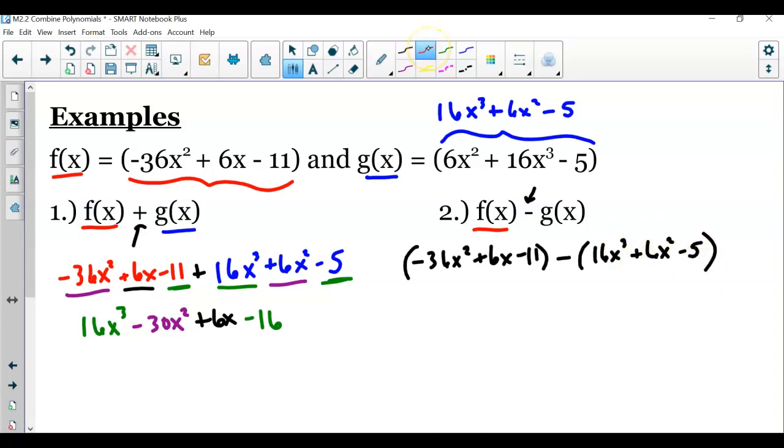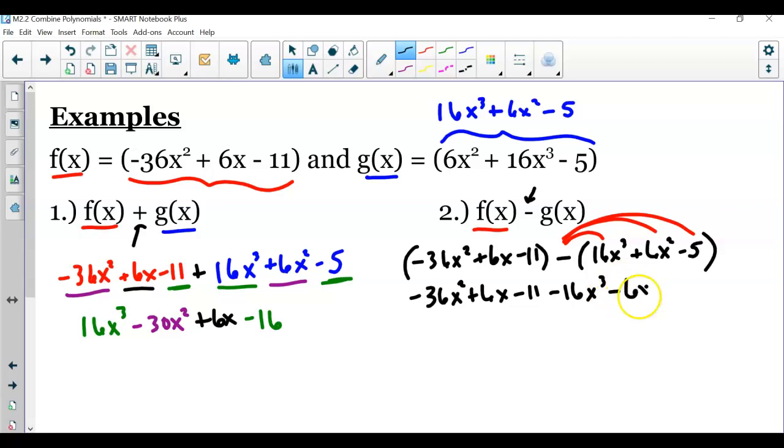Now I'm going to make sure to distribute the negative 1. So I'm going to rewrite this, bringing down our first part: negative 36x squared plus 6x minus 11. Now 16x cubed becomes minus 16x cubed, plus 6x squared is now minus 6x squared, and minus 5 is now plus 5.